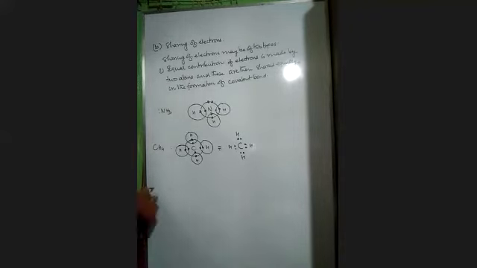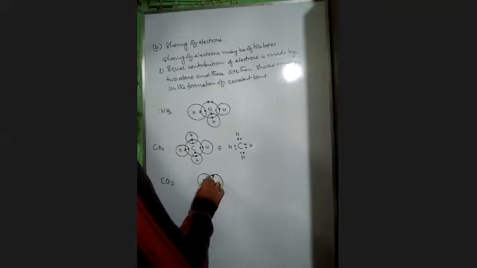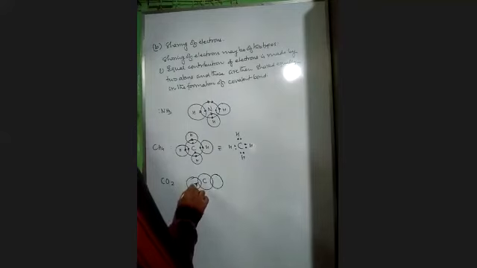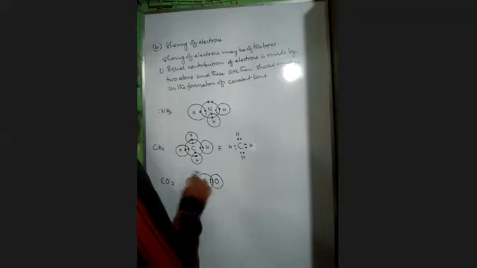Now if you want to draw for carbon dioxide, carbon has 4 electrons and oxygen has 6 electrons. This is for carbon dioxide.